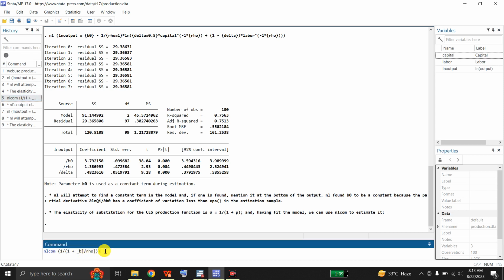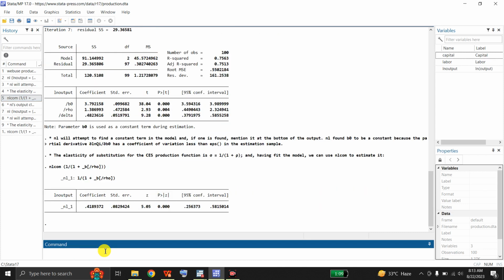If I press this, it will estimate for me the elasticity of substitution between labor and capital. So here is the coefficient for elasticity of substitution, and that is equal to 0.4189372.